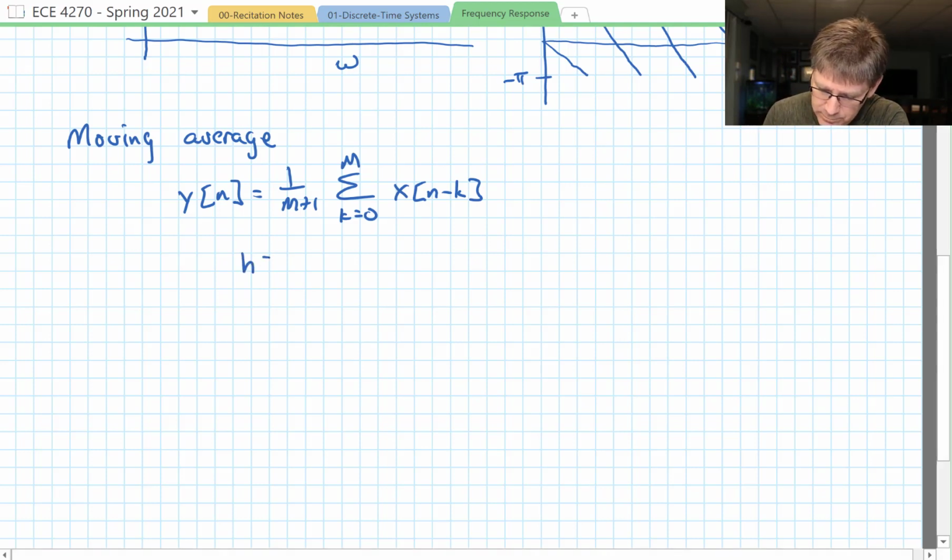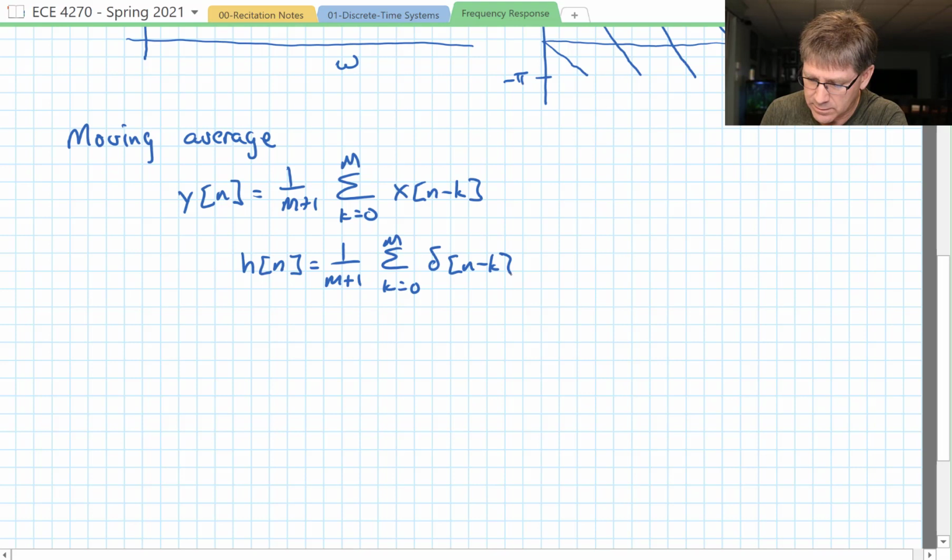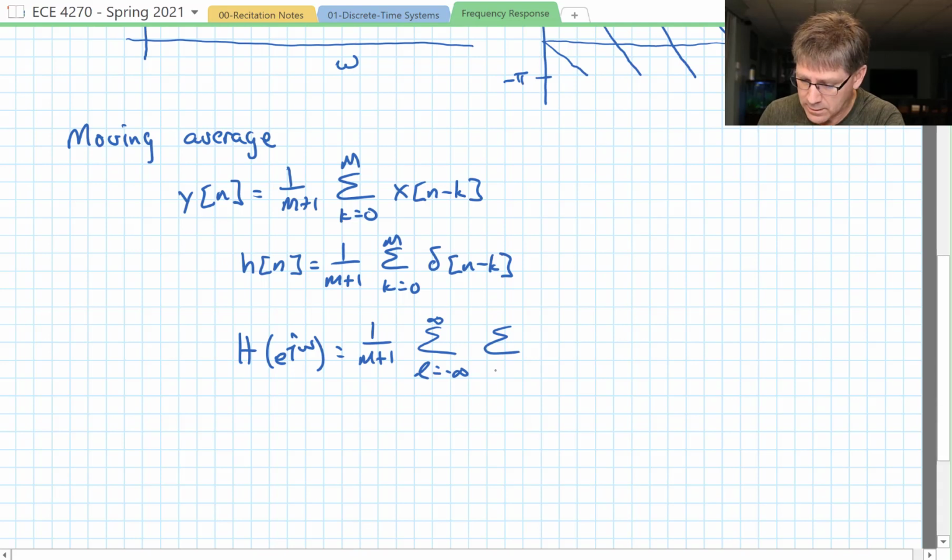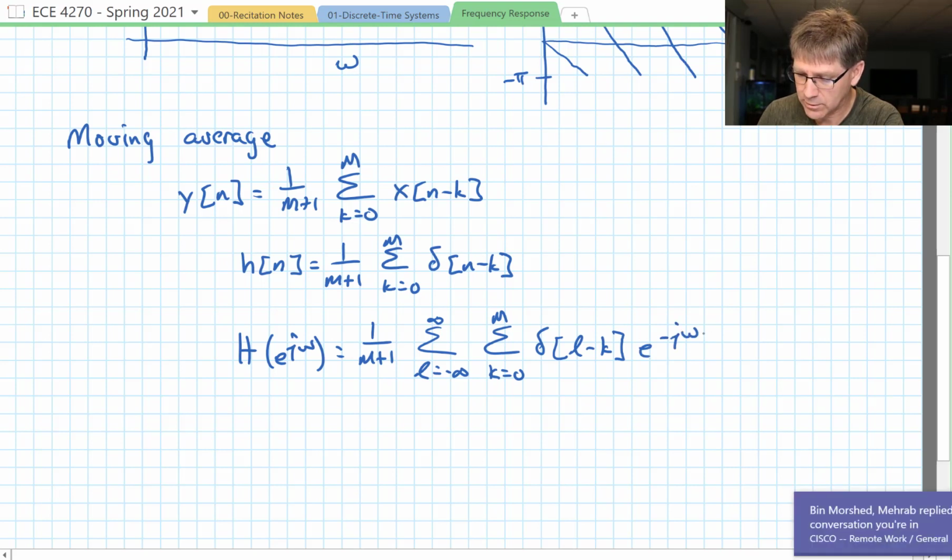So h of n is going to be 1 over m plus 1, sum over the same range, of delta of n minus k. And H(e^{j omega}) is now, you can pull that out front, we're going to have two sums, from minus infinity to infinity of our h, which looks like this, delta of L minus k, e to the minus j omega L.